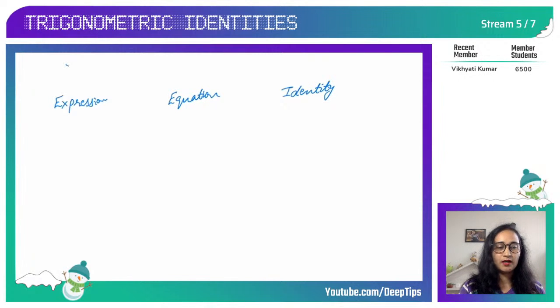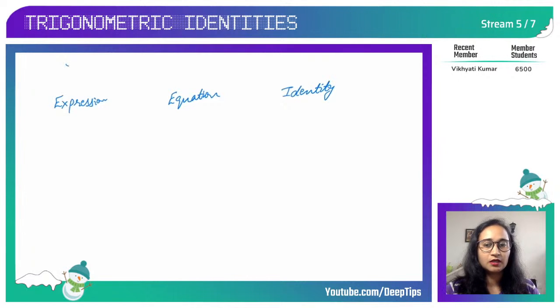Suppose I am learning English, let's relate it with the English language. When I am learning the letters, when I'm saying just A, B, C, these are distinct letters. So that's kind of an expression in math, which is something like if I say 2y, or I write y square.